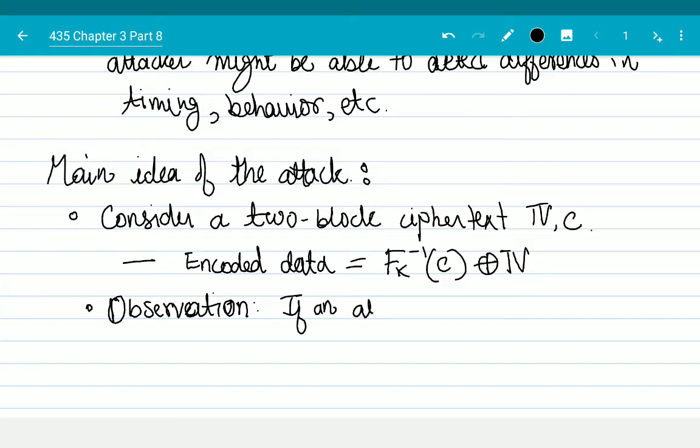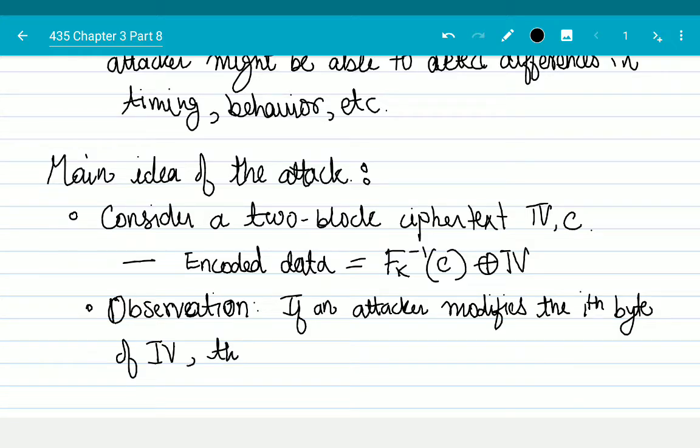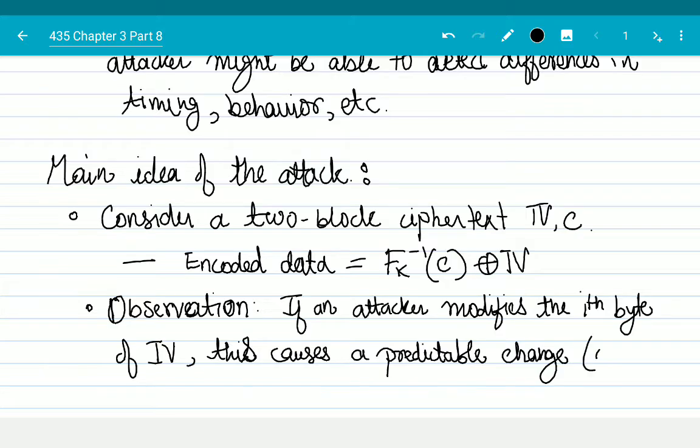If an attacker modifies the ith byte of the IV, this causes a predictable change only to the ith byte of the encoded data.